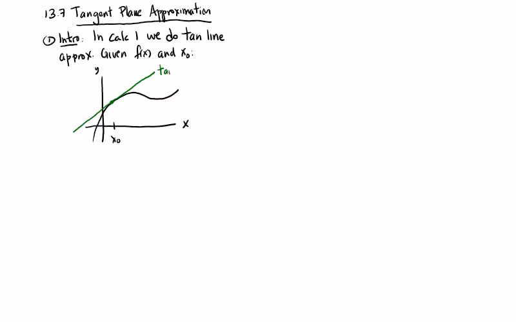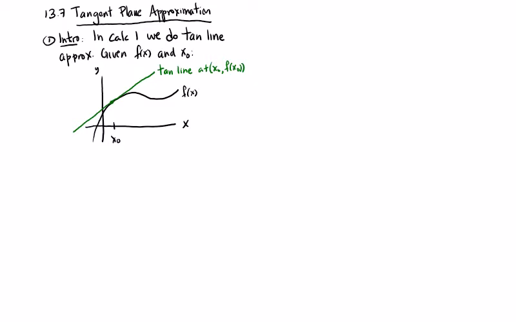This is the tangent line at x0. Technically, it's at x0 comma f of x0, because that's the y value. Keeping in mind this is the graph of f of x.